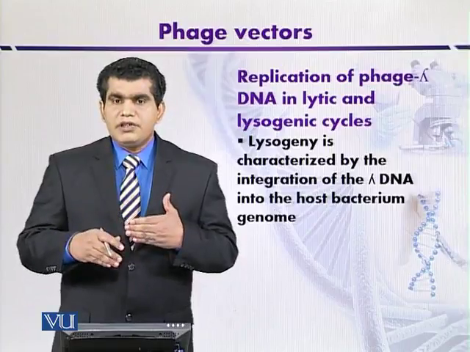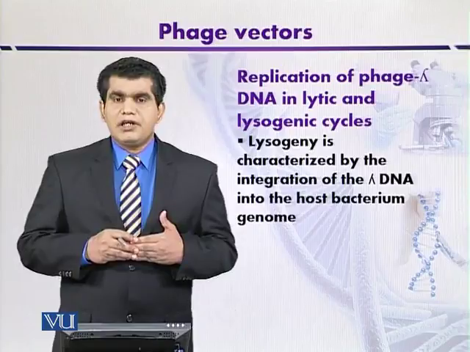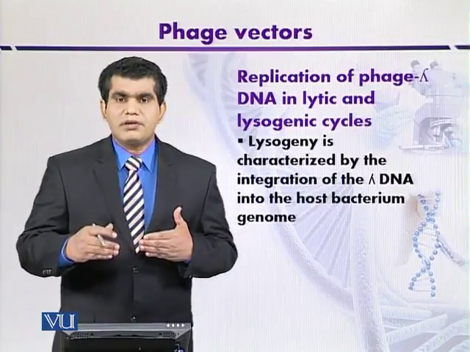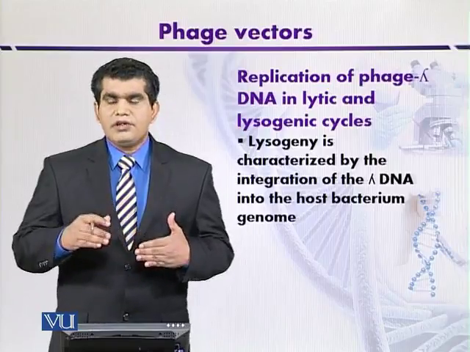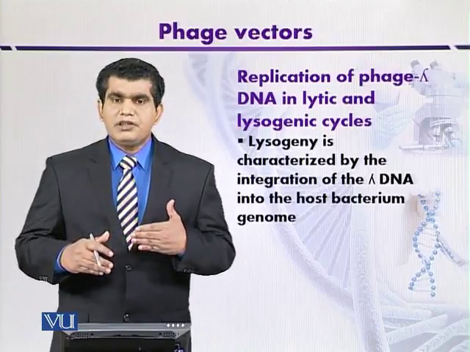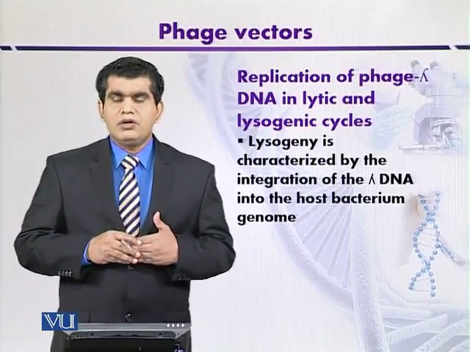When it is converted into circular form, the next step is that it will integrate itself into the host genome, where it will replicate along the host chromosome and be transferred into daughter cells.